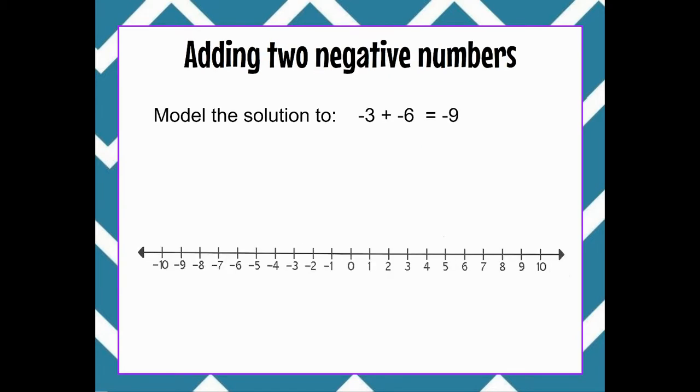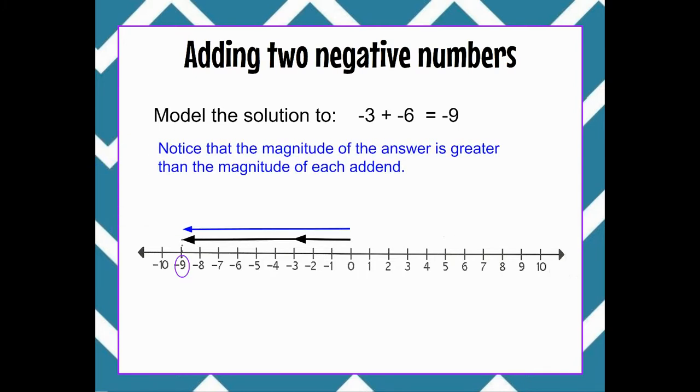Now what if I add two negative numbers? Did you notice that the magnitude of the answer, how long that arrow is, its absolute value, is larger than each of the addends? Did you also notice that the arrows are still pointing in the same direction?